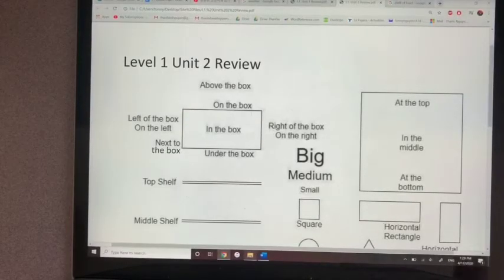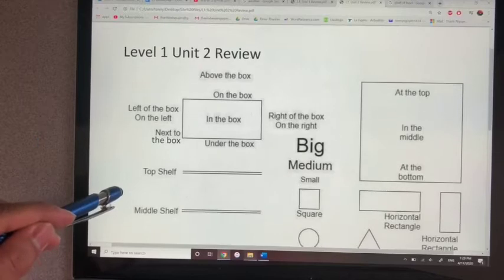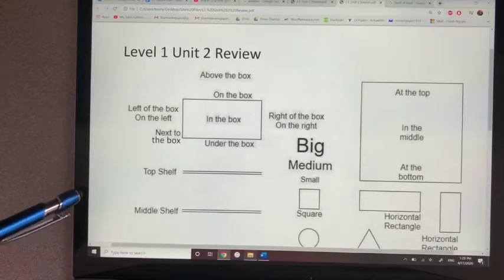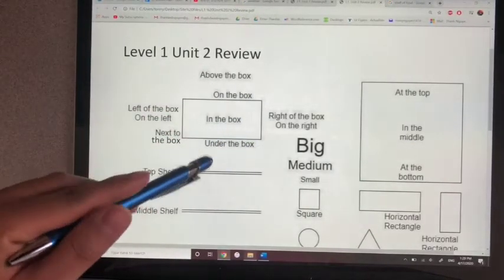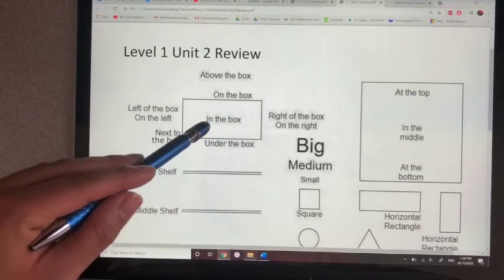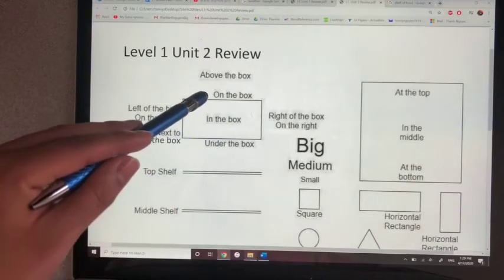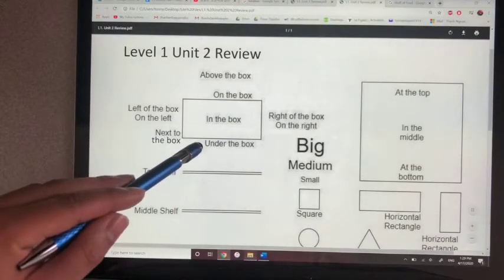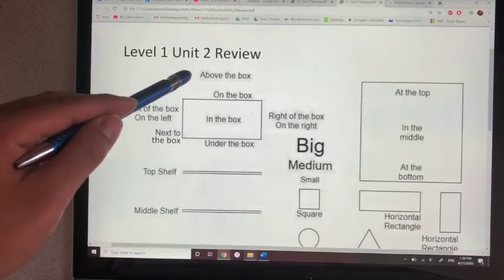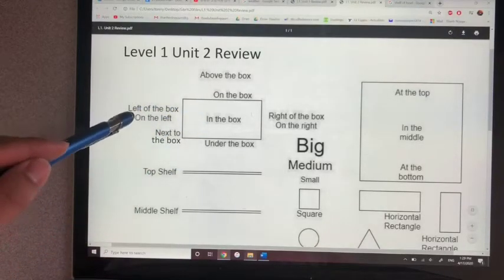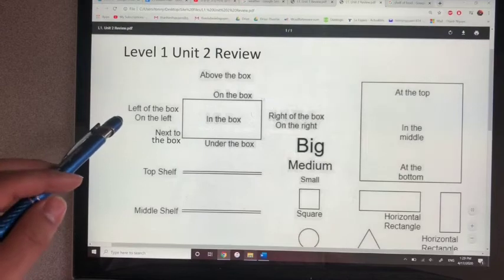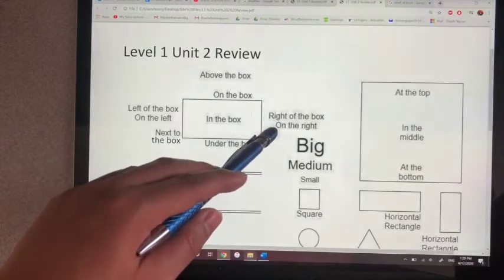Okay, let's start Unit 2. In Unit 2, we learned words to describe location. So we have a box here. This is the box. This is in the box, on the box, under the box, above the box, on the left of the box, and on the right of the box.